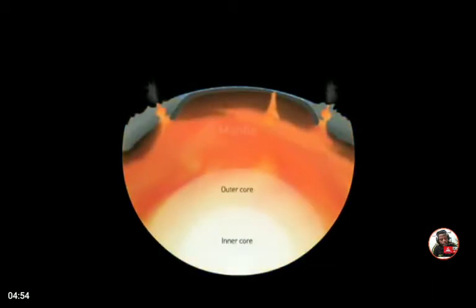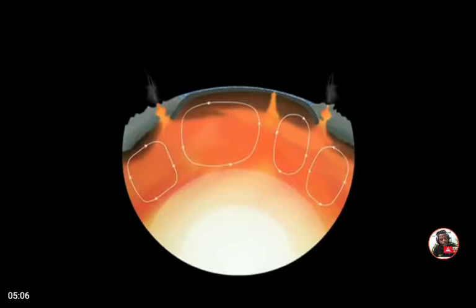The inside of the earth is heated by nuclear power, the breakdown of radioactive elements like uranium. Hot rock expands and forces its way upwards towards the surface.